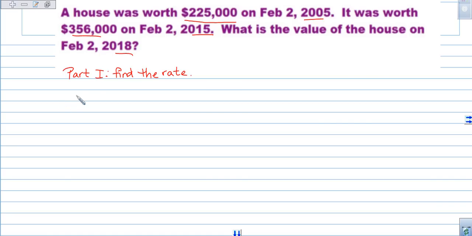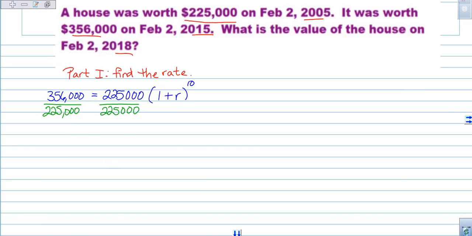Alright, so the initial amount is 22,500, and we have 1 plus r to the t. Well, the t here we said was 10, and that's going to equal the 356,000. Alright, to solve this, we must first divide by the 22,500, oh, excuse me, 225,000 to both sides.